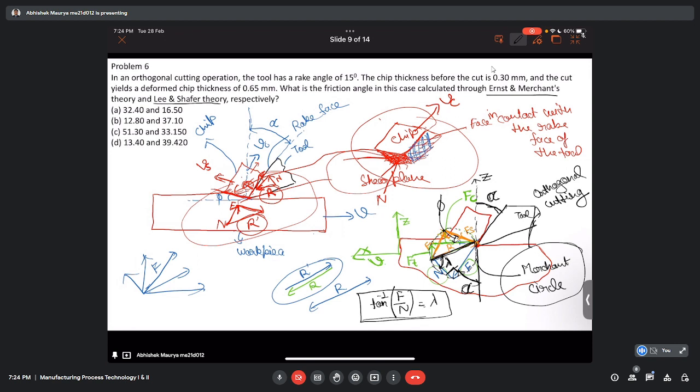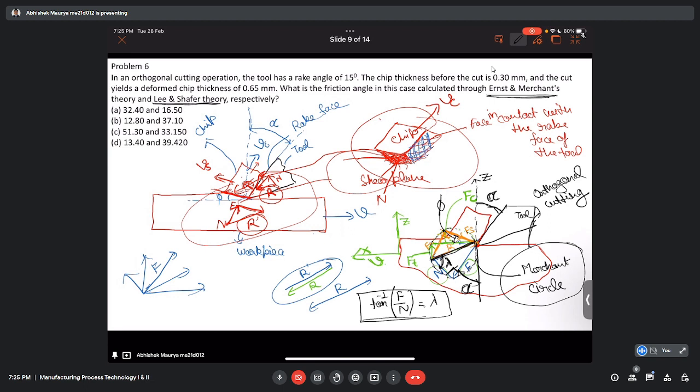They tried to calculate the total power consumed with the help of material properties and geometric angles, whatever angles we are showing here. They tried to minimize the cutting power, and after minimizing they got geometrical relationships for given conditions, and those two relations are called Merchant theory and Lee Shaffer theory.